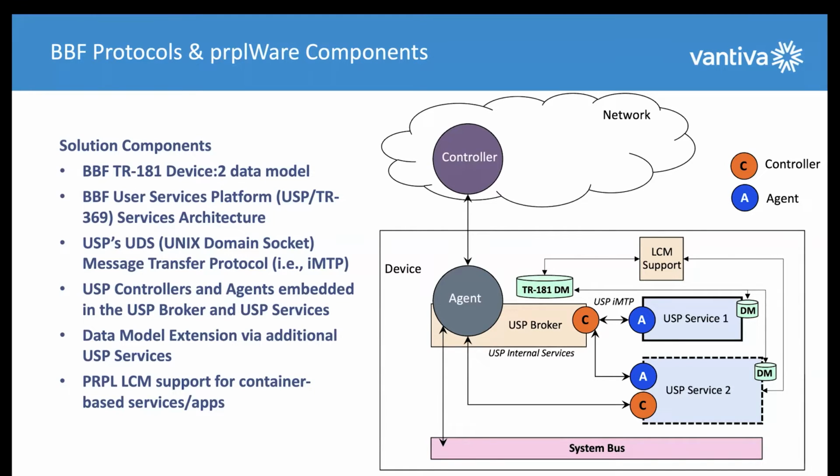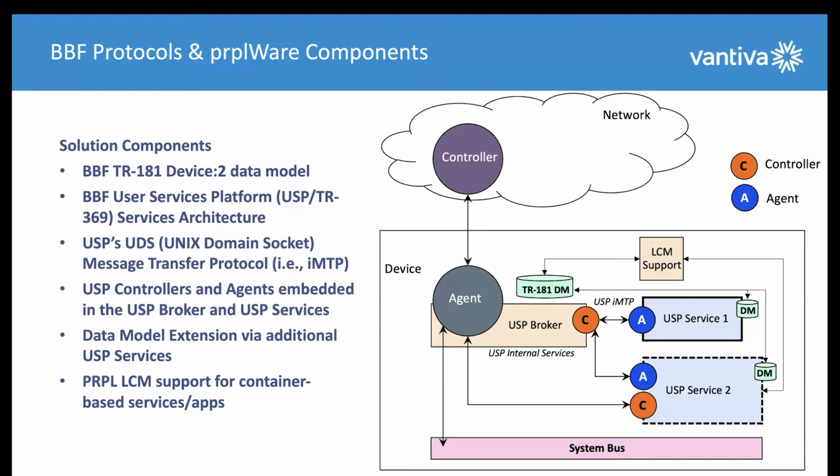Basically, you have your controller that could live in the cloud. It could actually live in other places, but it's typically remote from the device, and it talks to a USP agent that's on the device. Basic concepts around USP. What we've done is we've added some concepts with the services architecture approach that allow us to actually embed agents and controllers inside of the device.